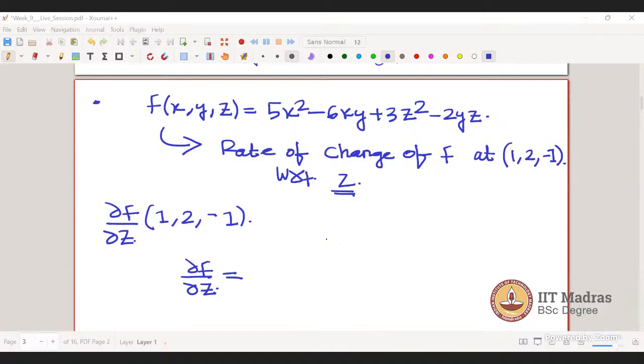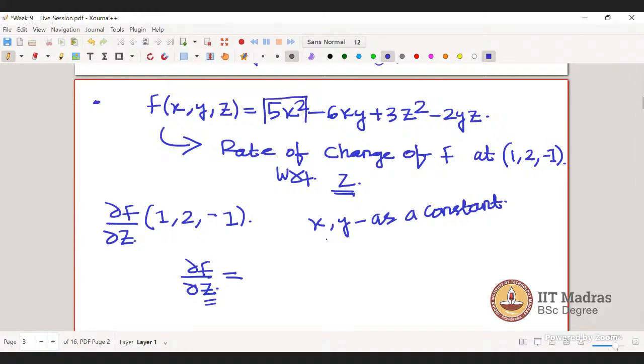When we're doing the partial derivative with respect to z, then we have to treat x and y as constants. So this term is a constant, then the derivative is 0, right? And here, as you can see, there is no term of z, so we can think of this as a constant. Then the partial derivative of this with respect to z is also 0.